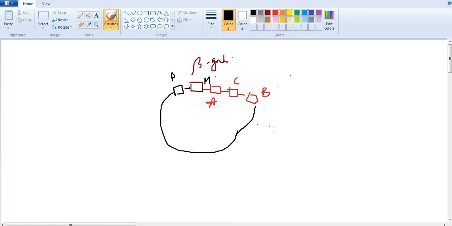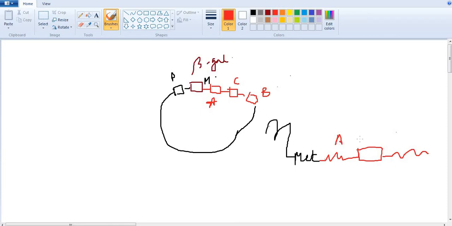So this is the beta galactosidase segment followed by the methionine residue, then the three products: the A gene, then the C gene, and then the B gene portion. In that case, you can easily select in which cell this particular DNA is incorporated.